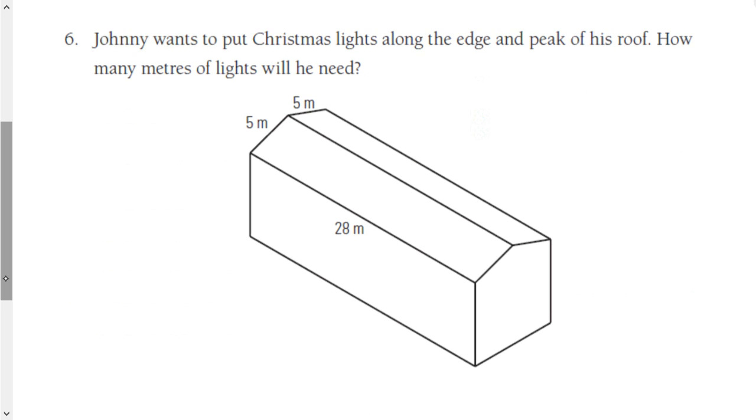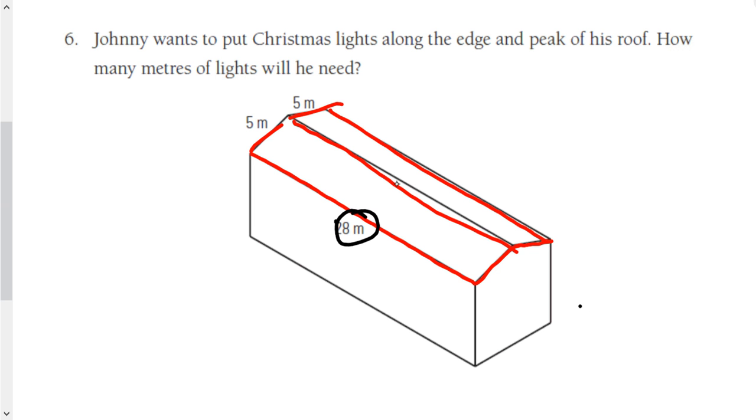Johnny wants to put Christmas lights along the edge and peak of his roof. How many meters of lights will he need? Okay, so I see 28 here, here, and here. So this is kind of like a layman's formula. So perimeter is equal to 28 times 3 plus 1, 2, 3, 4, 5.